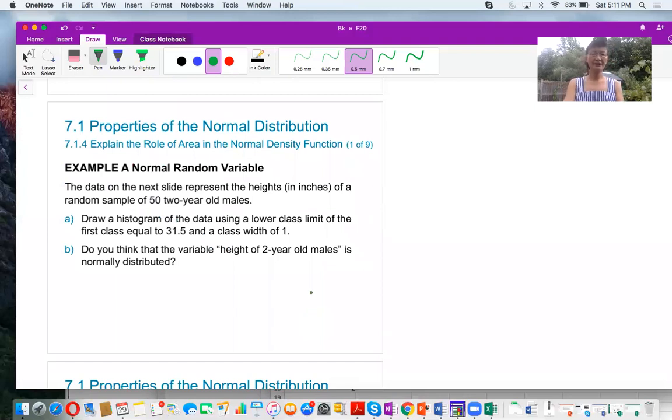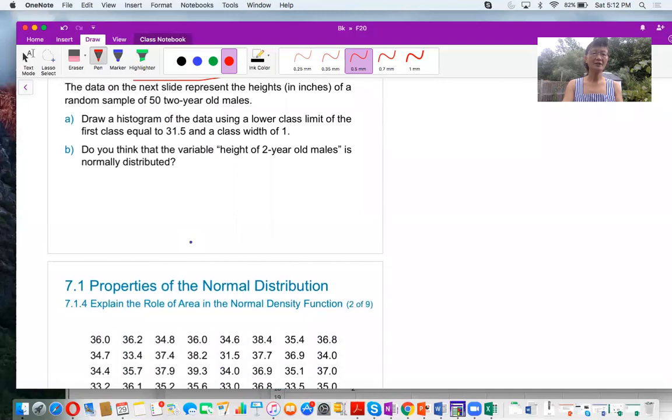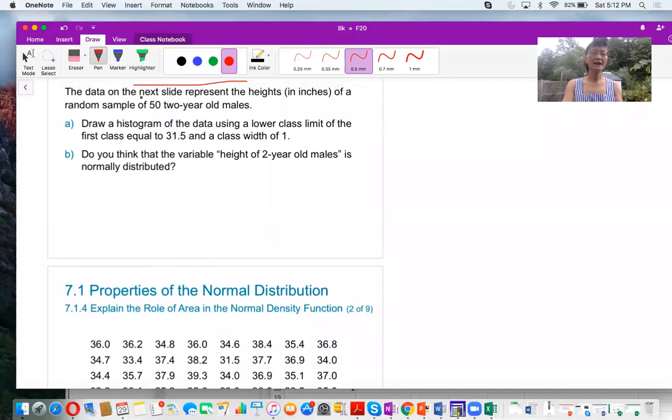All right, example. A normal random variable. The data on the next slide represent the heights in inches of a random sample of 52-year-old males.